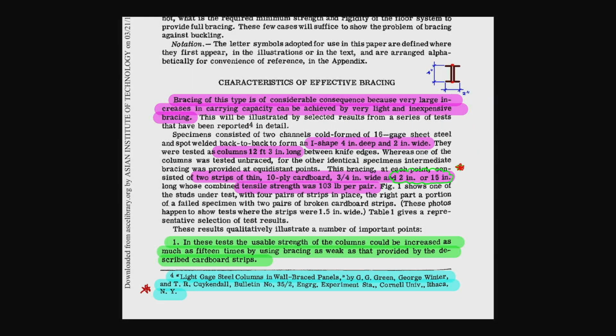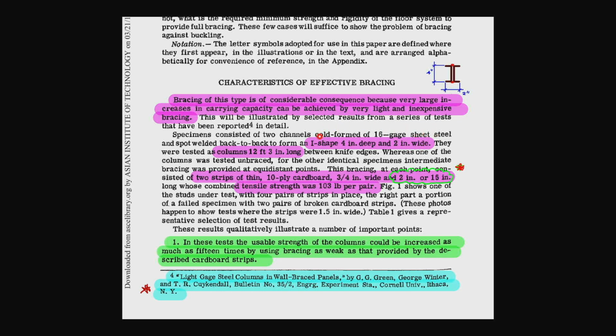Basically, the experiment was carried out, and how was it carried out, and what was carried out. The buckling load testing of the column was done, and the column that they tested is actually an I shape, 4 inches deep and 2 inches wide.